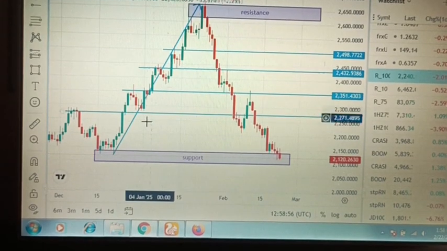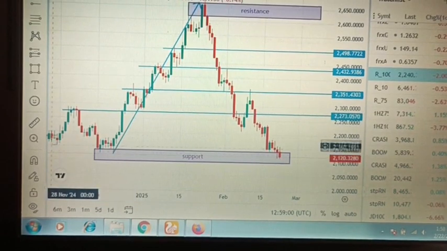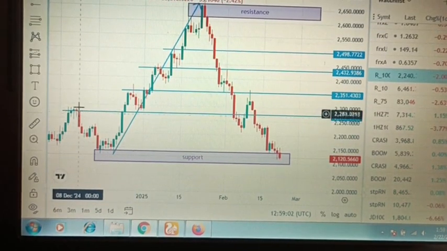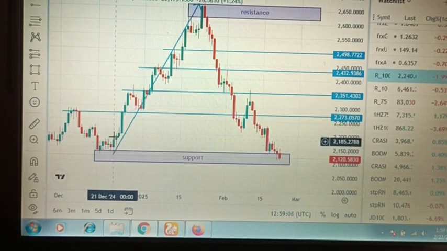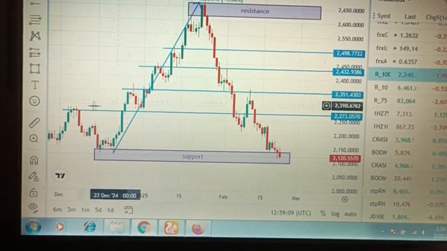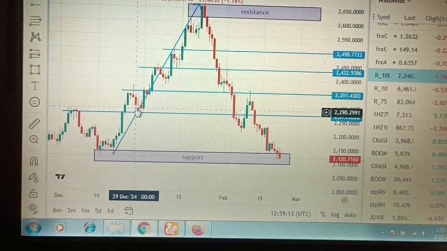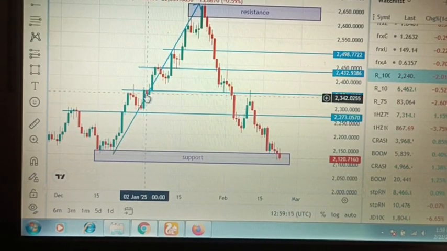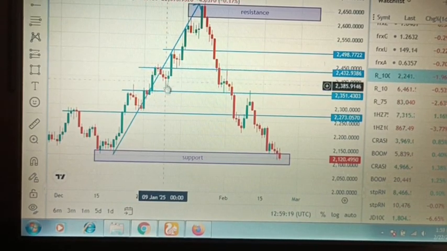Watch here. This place was once a resistance, because price moved from here, hit this resistance, came back, hit support, and then broke it. Now what happened to this resistance? It became support. Price hit again, reached here, had issues here, broke it, hit this support, came down.